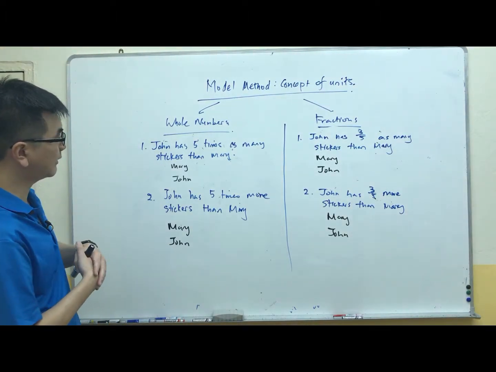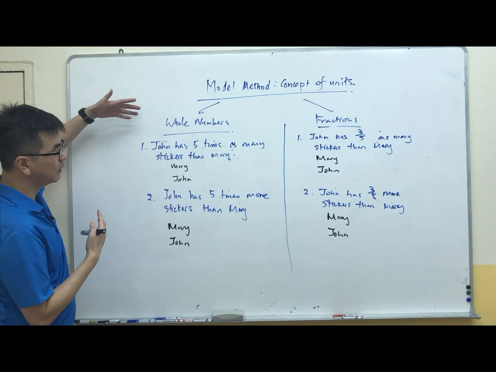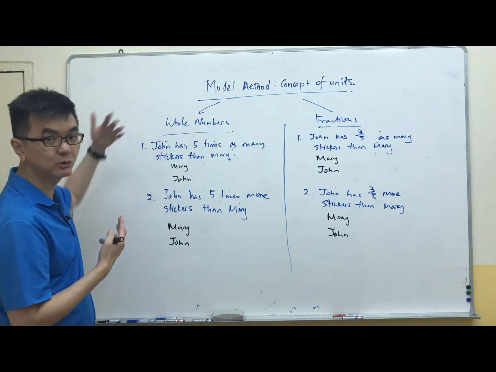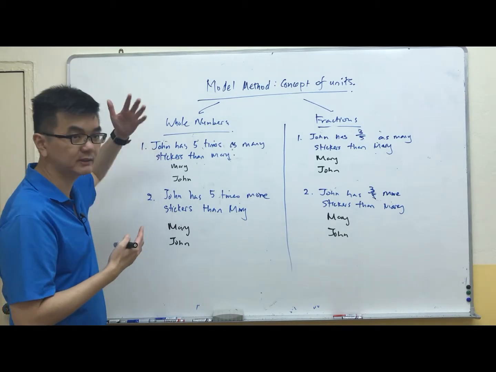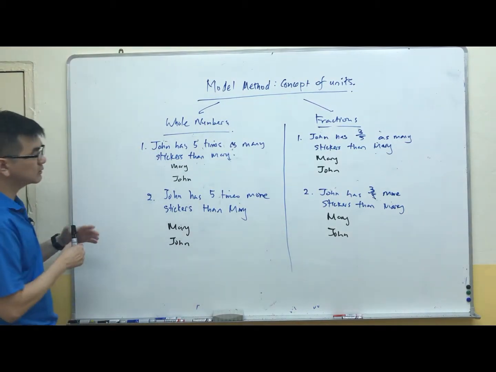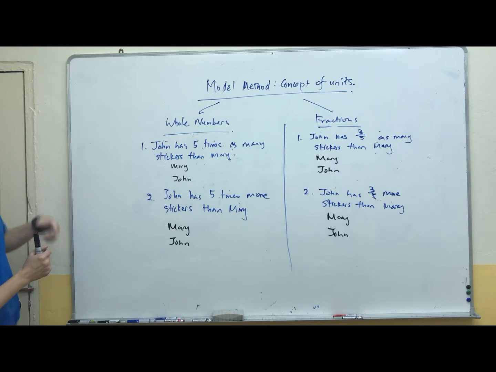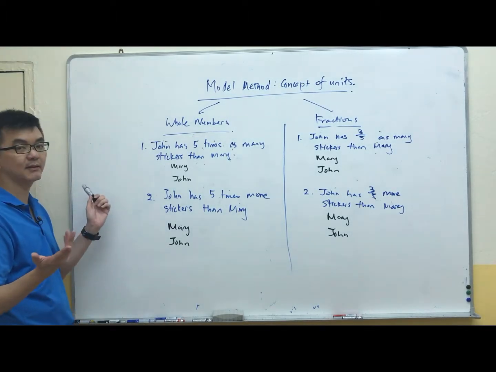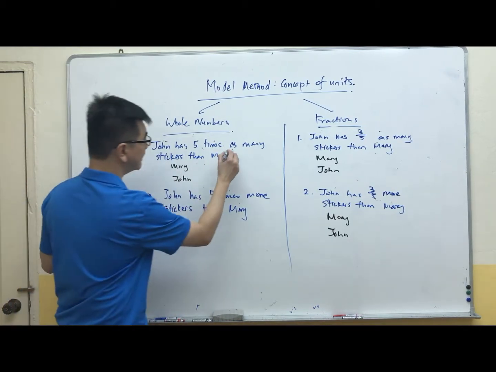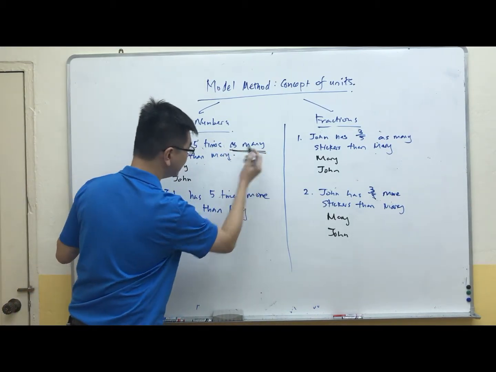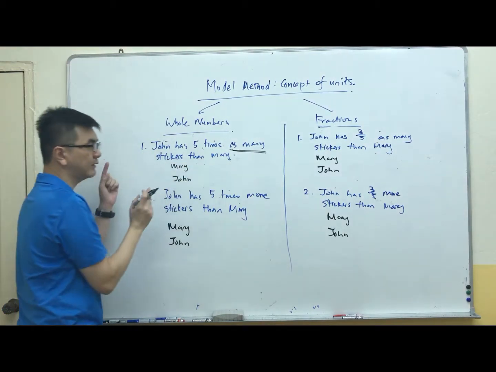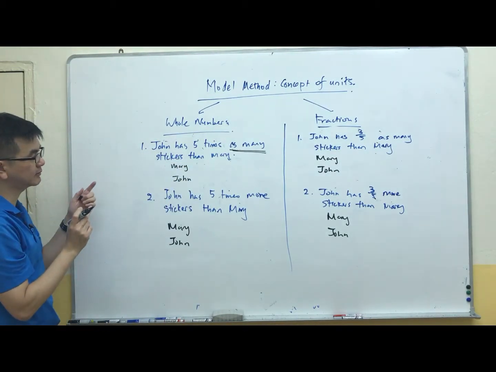So let's take a look at this example, where we will talk about how to convert whole numbers into fractions first before converting them to units. John has 5 times as many stickers as Mary. In this case, the keyword is "as many", which is a direct comparison of John with Mary's possession of stickers.